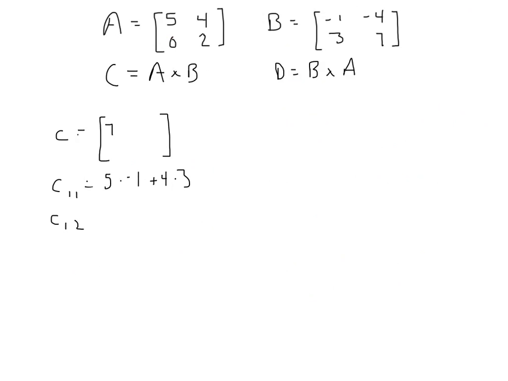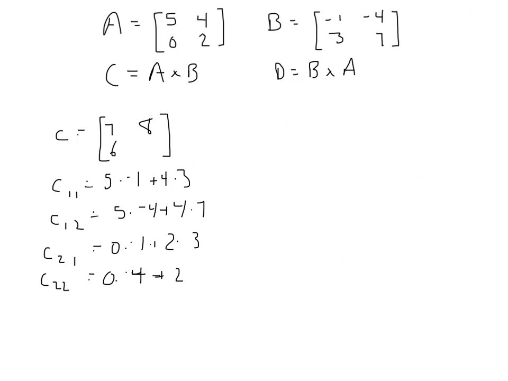C12, we will have 5 times -4 plus 4 times 7, -20 plus 28 is 8. C21, we will have 0 times -1 plus 2 times 3 is 6. And C22, we will have 0 times -4 plus 2 times 7 is 14.